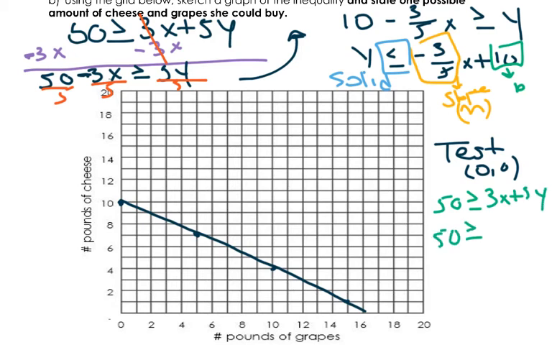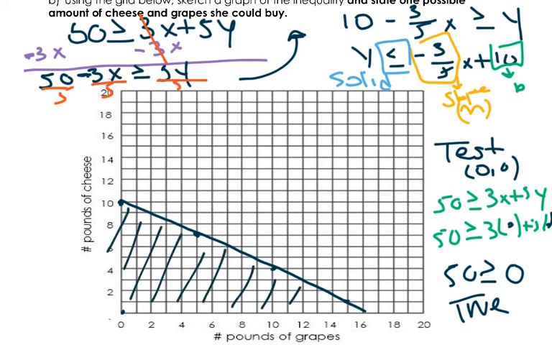So 50 is greater than or equal to 3 times 0 plus 5 times 0. 3 times 0 is 0 plus 5 times 0 which is 0, so this is really 50 is greater than or equal to 0. That is a true statement. So therefore I'm going to shade in the direction of (0, 0). So that means my shading is going to go here. It means anything in this area will make this inequality true.